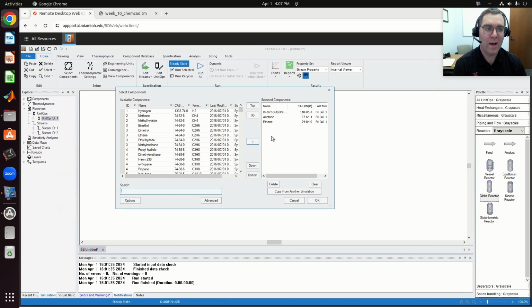And so how is it going to determine the Gibbs free energy that minimizes my system? Well, I have Gibbs free energy of formation data for all of those components, and the distribution is going to have to conform to a corresponding atom balance.